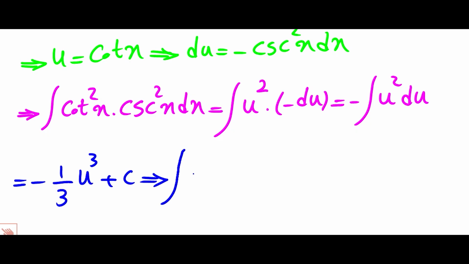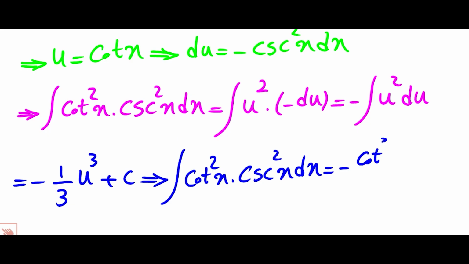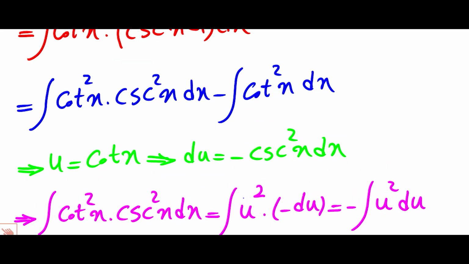So the integral of cotangent squared x times cosecant squared x dx equals negative cotangent cubed x over 3 plus c. And we know that the integral of cotangent squared x equals negative cotangent x minus x.